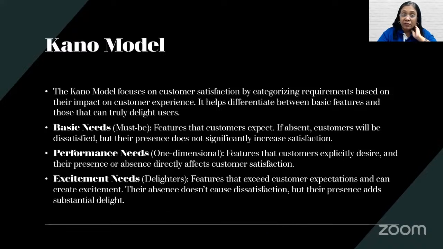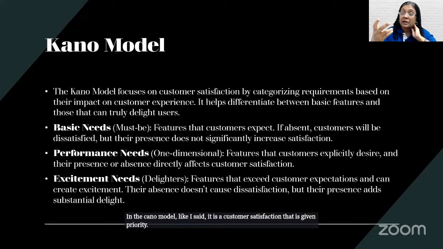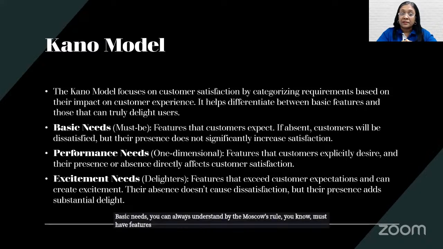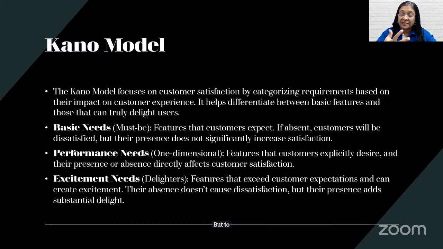Before I go to the next one, in the Kano model, like I said, it is customer satisfaction that is given priority. Basic needs you can always understand by MoSCoW's must-have features. But to understand performance needs and excitement needs, we will have one small case study coming in.